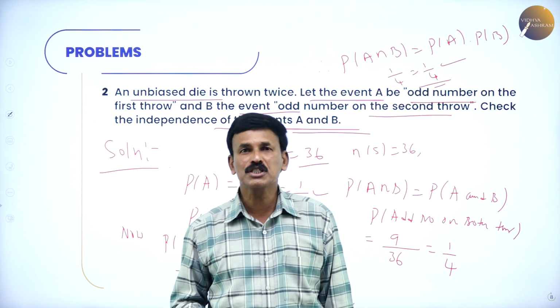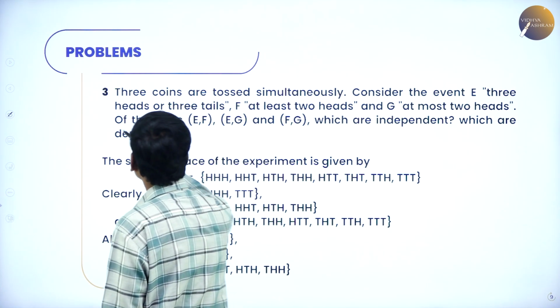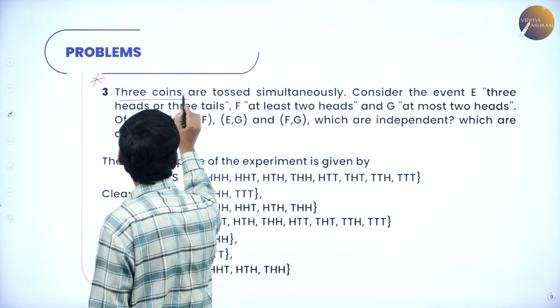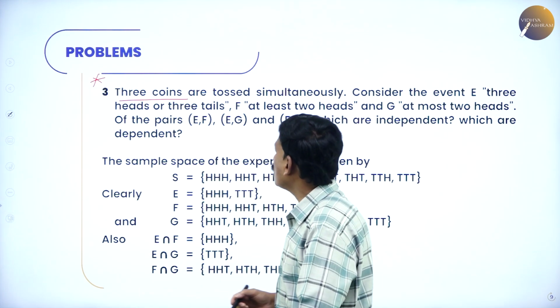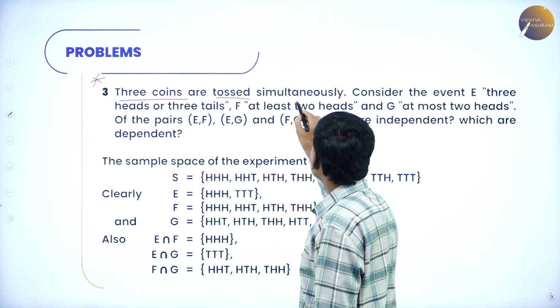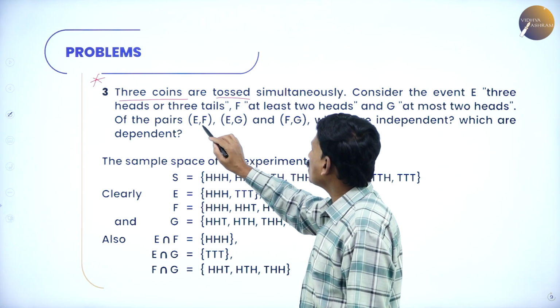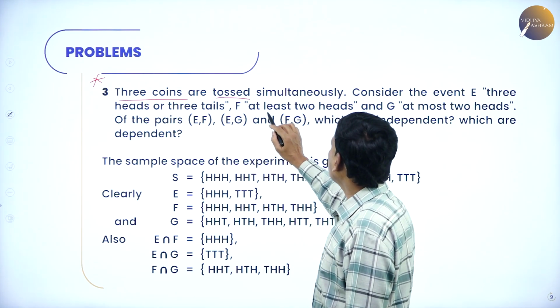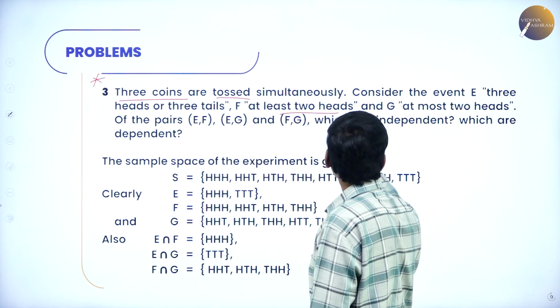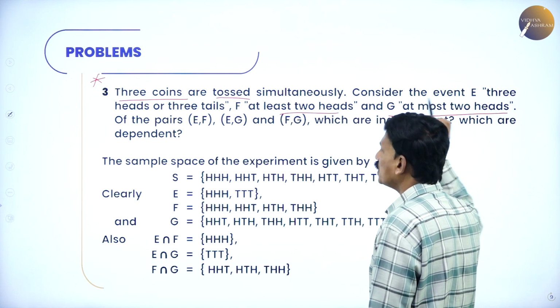Now let us come to the next problem. This is a very important problem. 3 coins are tossed simultaneously. Consider the events E, 3 heads or 3 tails; F, at least 2 heads; and G, at most 2 heads.